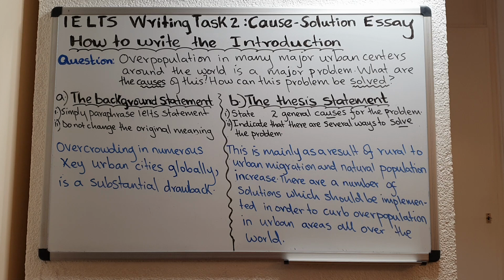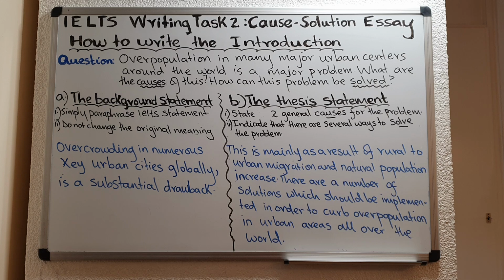Now let's begin our lesson by looking at a few things that are very important for you to remember when it comes to IELTS Writing Task 2. The first thing is that you get 40 minutes to write your Task 2. Secondly, you should write over 250 words. If you're aiming for a band 8 or a band 9, then you should write 300 words.